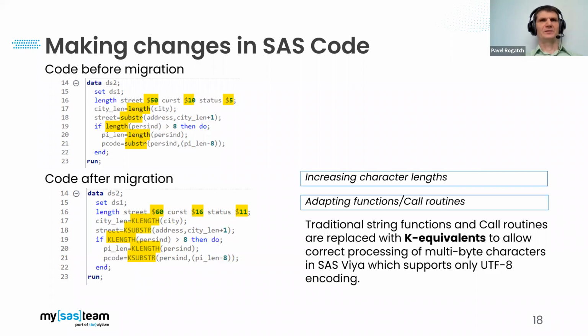So we used K equivalents of these functions. SAS has so-called K functions, which are suitable for working in UTF-8 with multi-byte characters, and we used these functions to replace the traditional string functions.